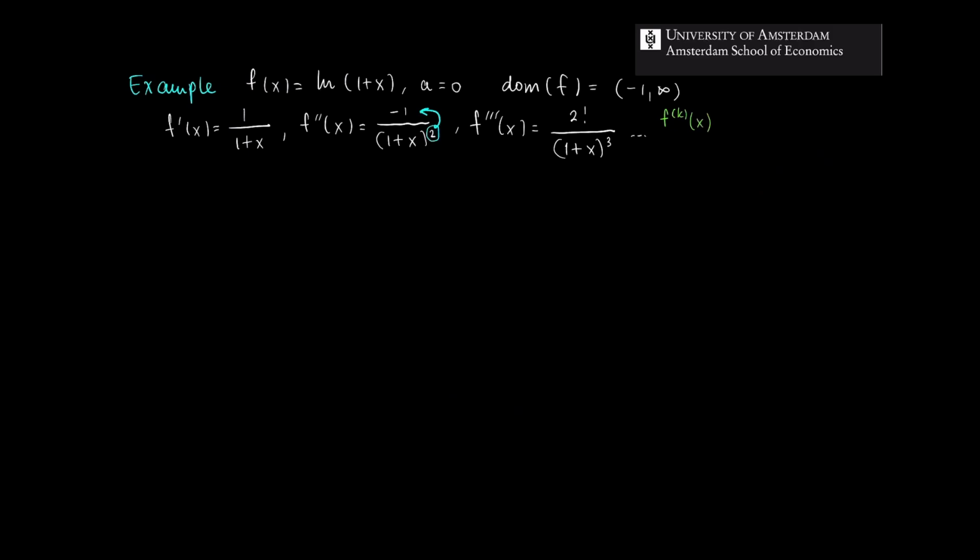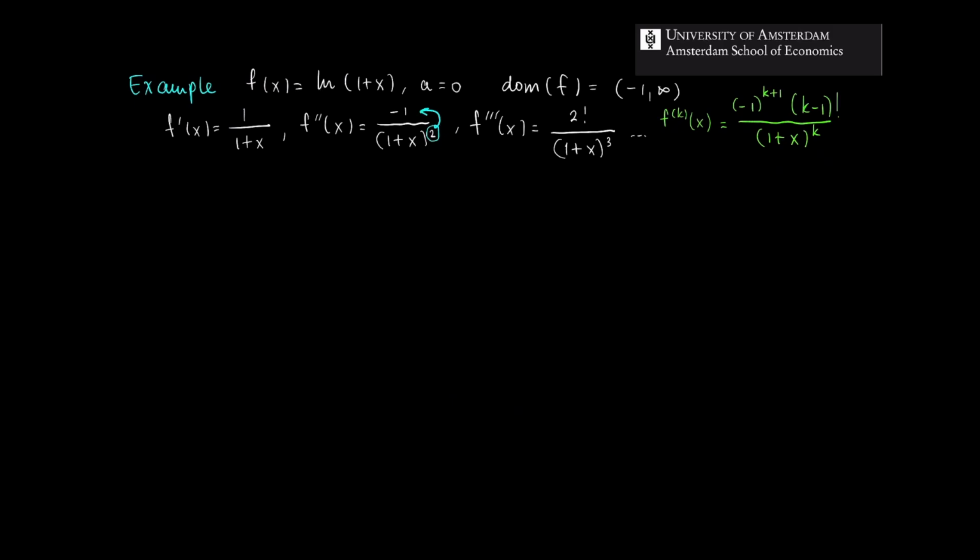The kth derivative in x equals minus 1 to the power k plus 1 times k minus 1 factorial, divided by 1 plus x to the power k.